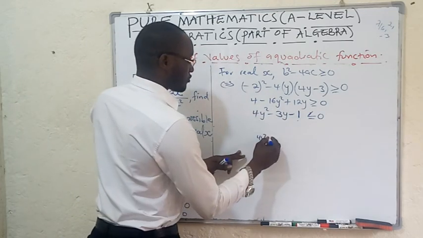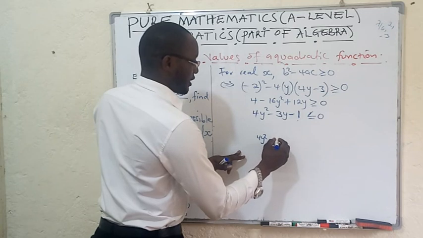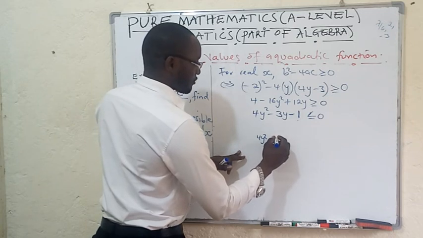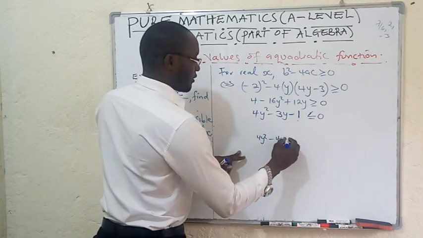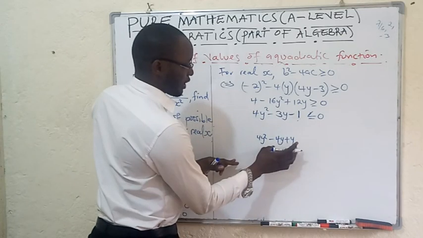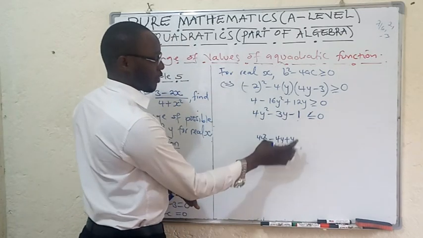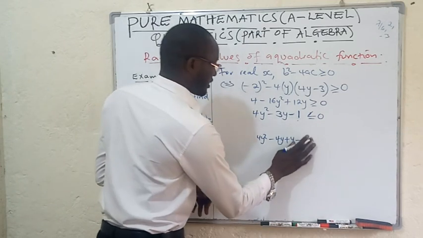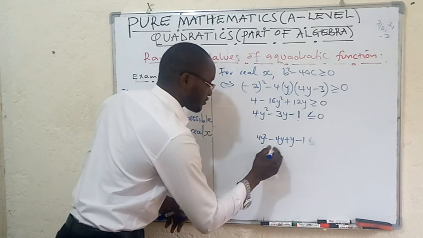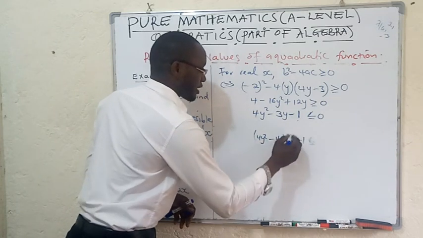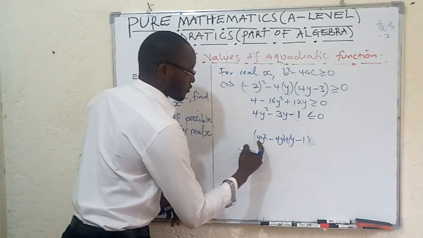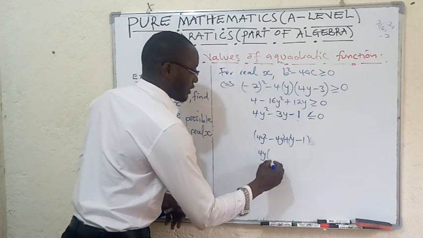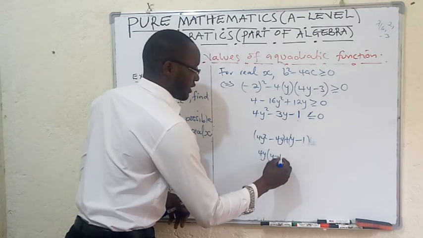So minus 4y, then plus y. We are now replacing the negative 3y by the two factors. So minus 1. We are just factorizing. Put each in brackets and factorize out. What is common here is 4y into y minus 1.